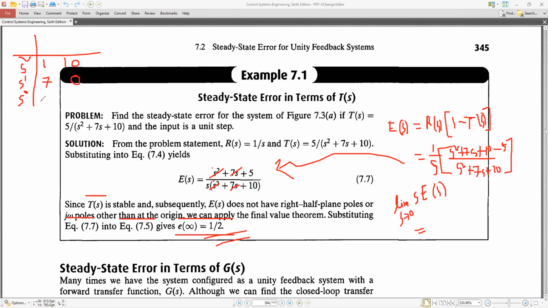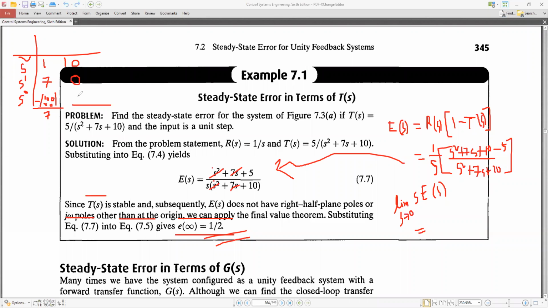After that, what is the value? It would be 7, minus 10, 0, 0.